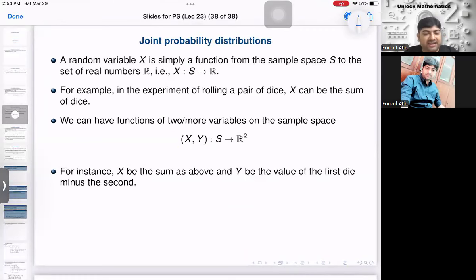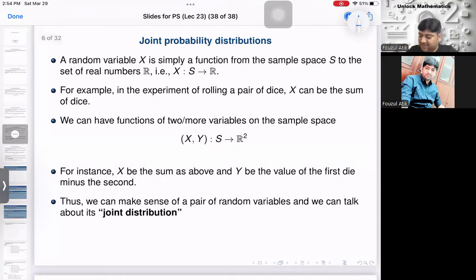For instance, let X be the sum in the above experiment of rolling two dice, and let us define another random variable Y as the value of the first die minus the value of the second die, right? So we have two random variables, and we can deal with them together for a single event.